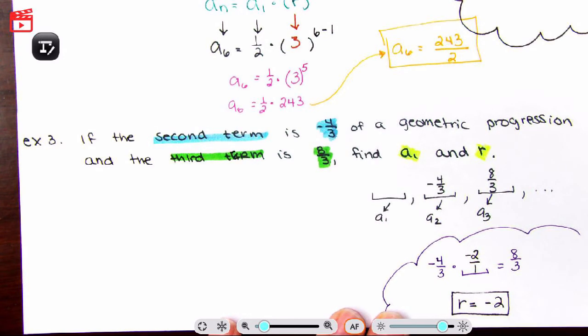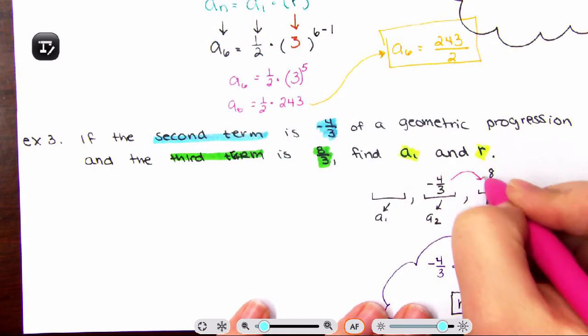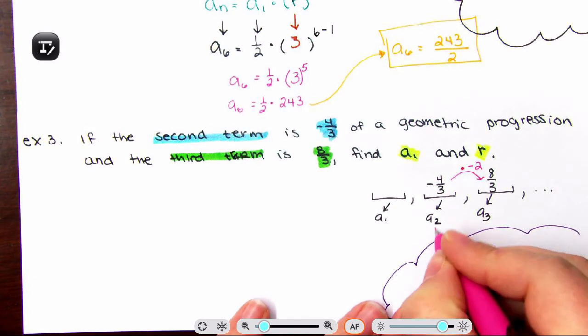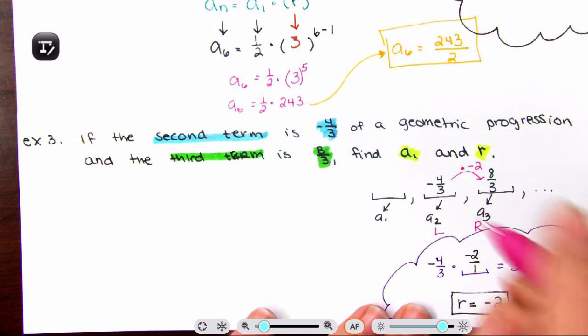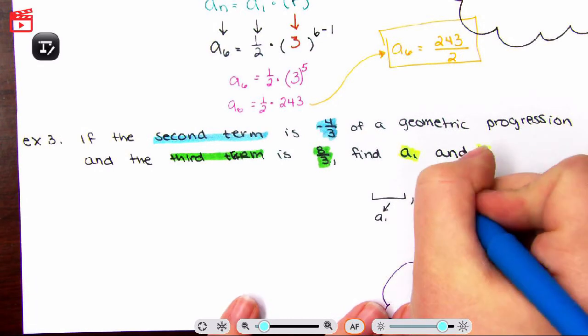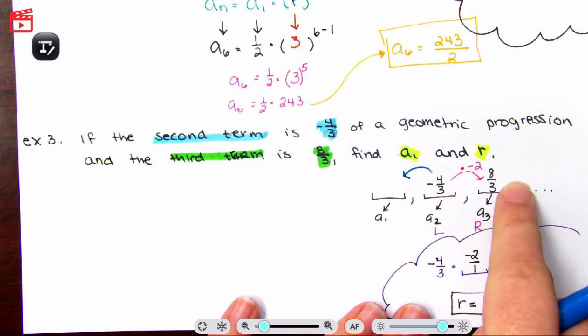And we need to find out what our first term is. If my pattern tells me that I'm multiplying from my left to my right, we're going to do the opposite to find out what the previous term is. So to go from my left to my right, I'm multiplying by -2.